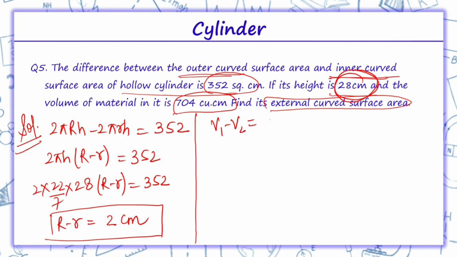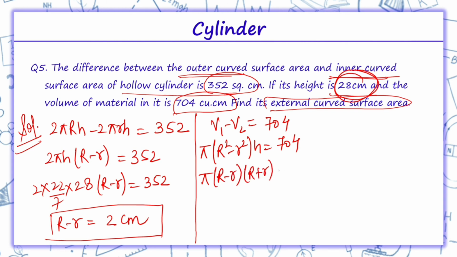V1 minus V2 is 704. Pi into R square minus r square into h is 704. Thus we know a square minus b square is a minus b into a plus b, and h is 28. So putting R minus r over here, the value of R plus r we will get to be 4.